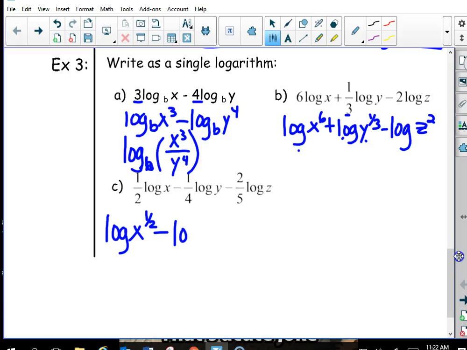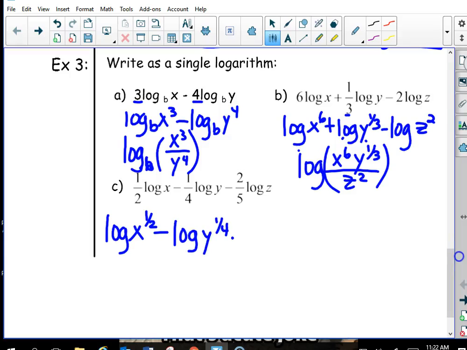Sorry, let's go back and fix that. Log base x to the 6th times y to the 1/3 all over z squared. Okay, back to this. Minus the log y to the 1/4 minus log of z to the 2/5.